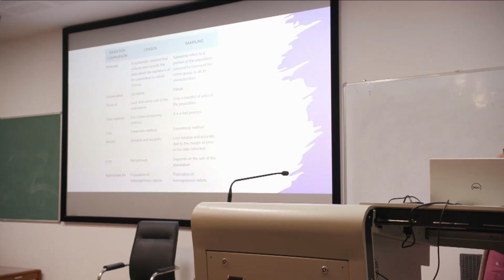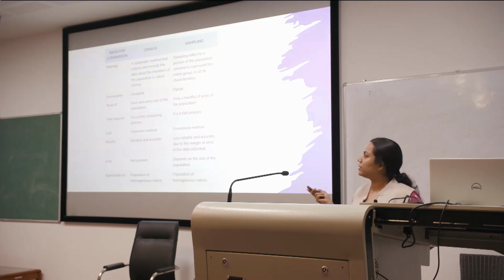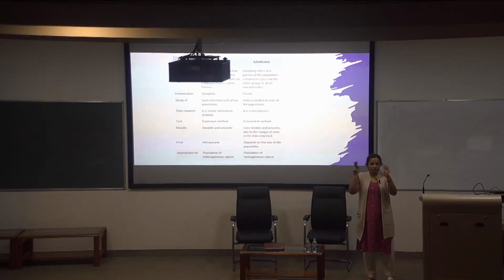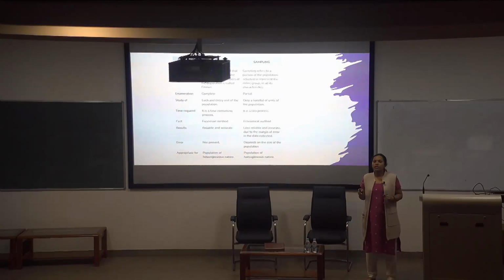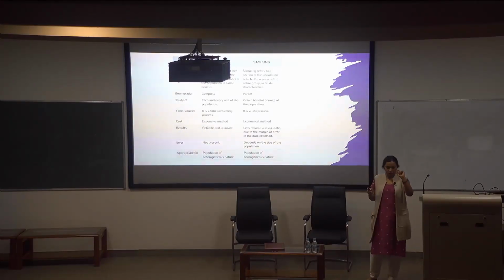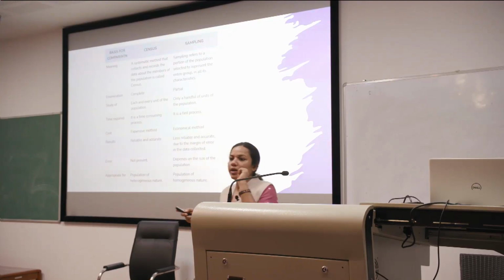So with a simple table we can compare and make it clear what census is and what sampling is. Suppose your work is at country level, okay. Is it possible for you to go there and collect information from the entire population?